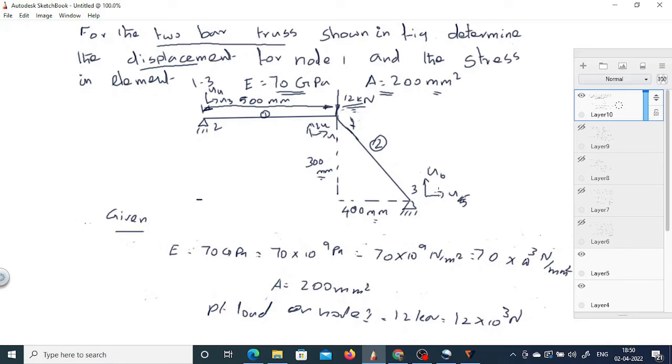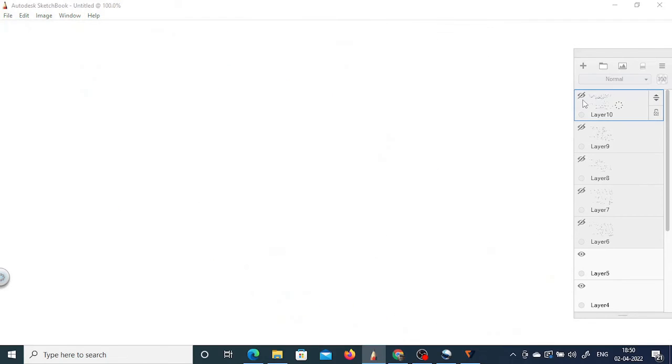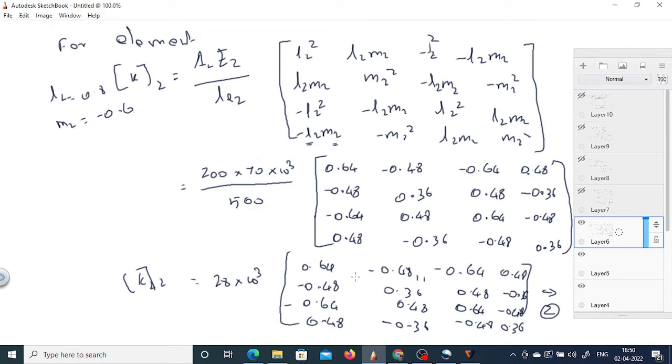So what happens? Let's see. This is column 1, which is second, this is the 5th, this is the 6th column, and this row is the first row, this is the second row, this is the 5th row, and this is the 6th row. Now we can move to the next step.